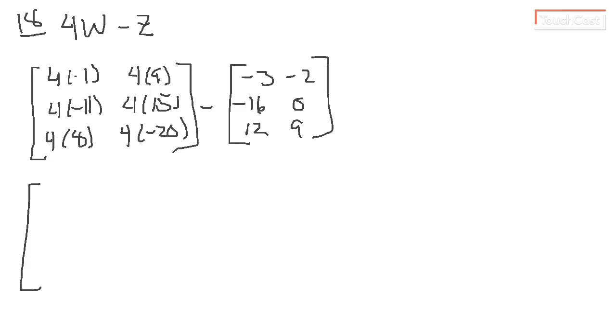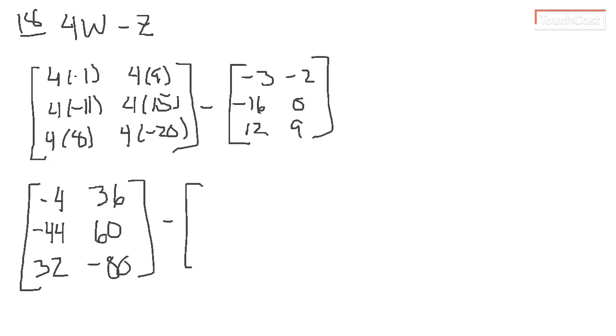For 4w, we're going to end up with 4, negative 4, 36, negative 44, 60, 32, and negative 80. Now from that, we're going to subtract negative 3, negative 2, negative 16, 0, 12, and 9. So let's write that out.